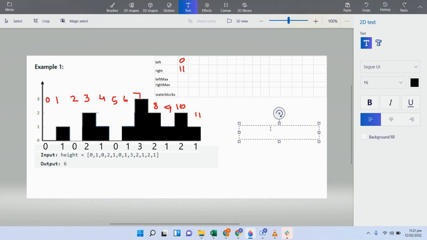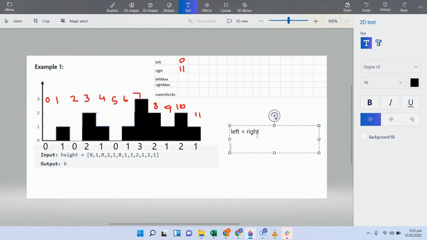So I need to check how long the loop should go, right? The first thing is that left should be less than right. The left pointer will start from this position, the right pointer will start from this position, and I'm going to iterate until the left pointer reaches the right pointer, or they try to pass each other, right?